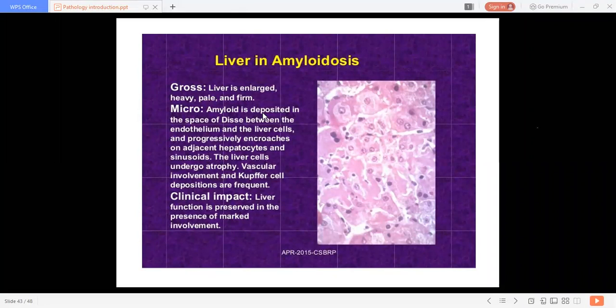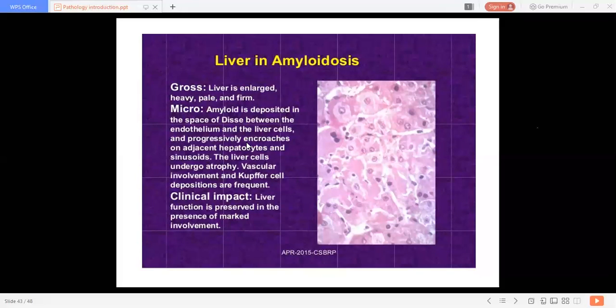the space between endothelium and the liver cells, and it progressively encroaches on adjacent hepatocytes and sinusoids. The liver cells here undergo atrophy.